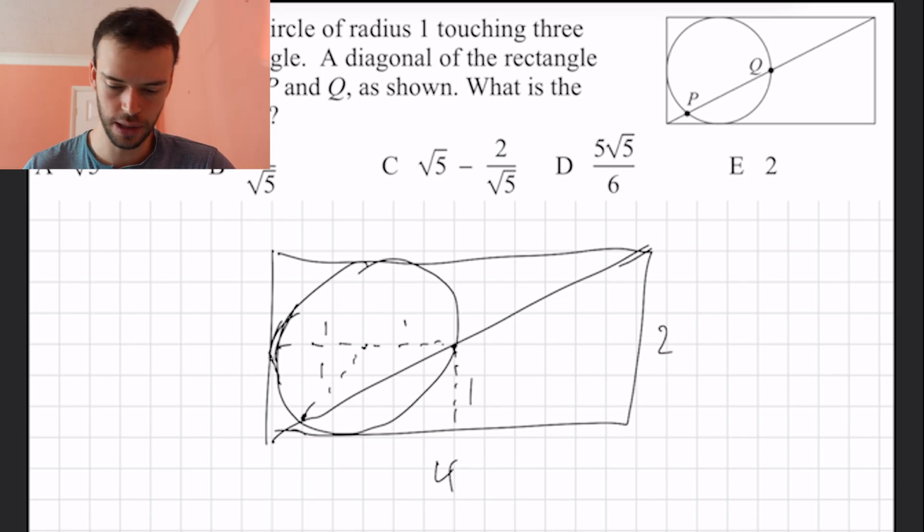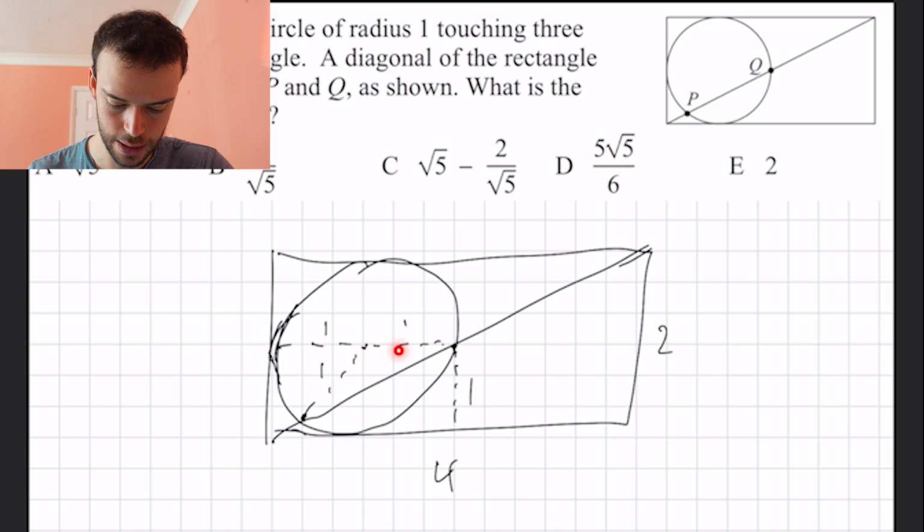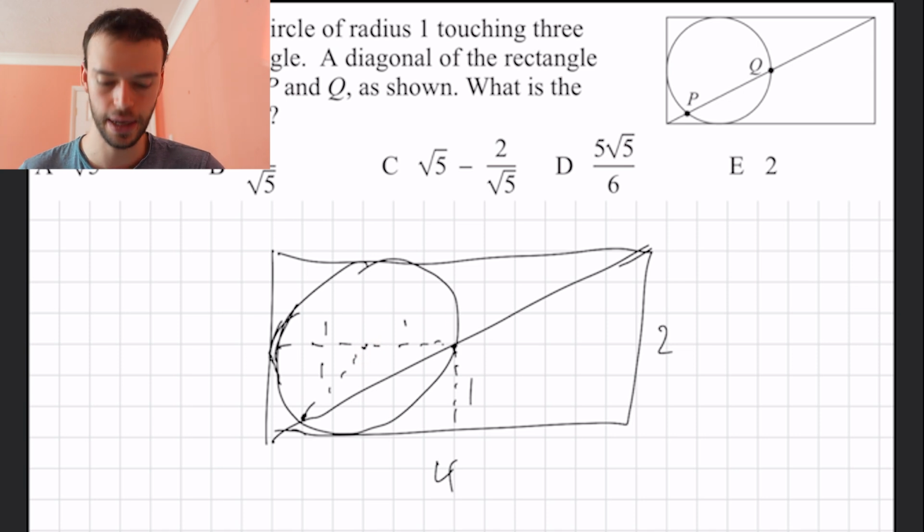So what I've realized is that this point Q is actually the midpoint of this diagonal line, and it's the midpoint of the rectangle. Okay, cool. That might be useful for us. The main thing that tells me is that the line connecting the center and the point Q is horizontal.